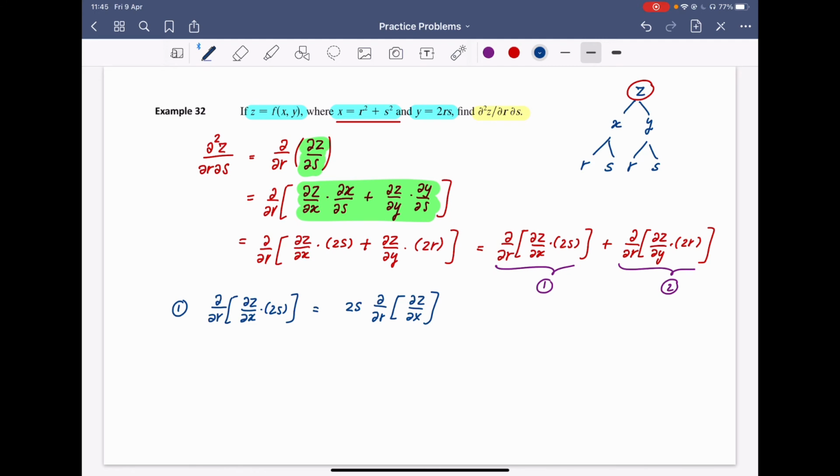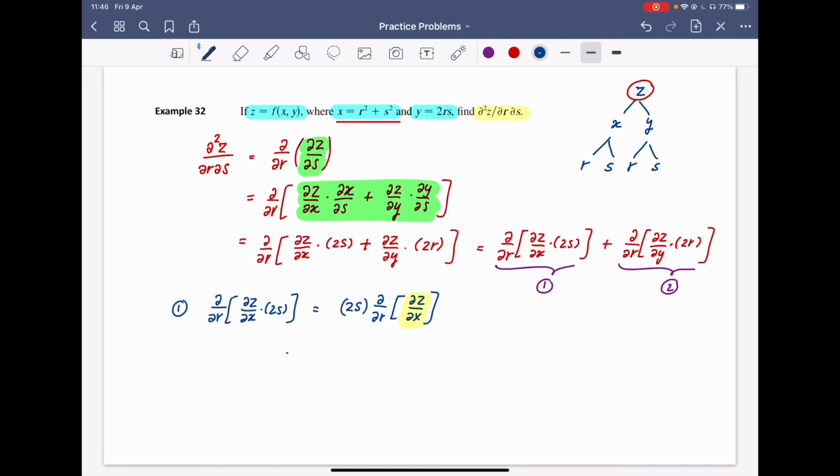Here we have ∂c/∂x, and then I want to differentiate that with respect to r. Well, ∂c/∂x is still a function of x and y, because it is still the term on the top level here. You want to differentiate with respect to r, so that means you have to expand it one more time.